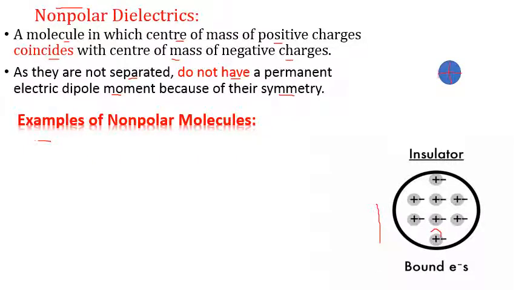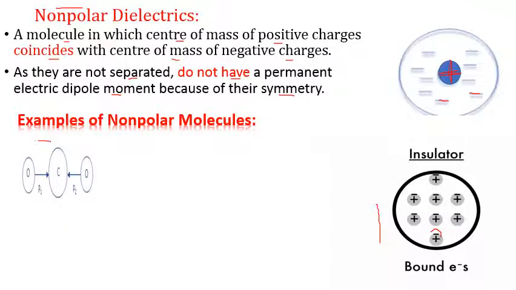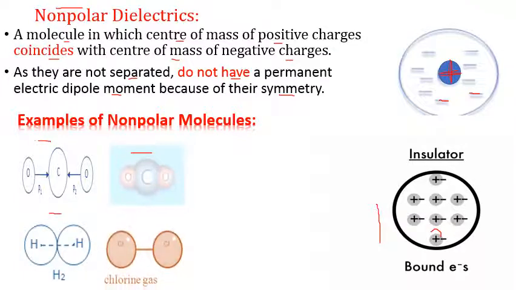Here also, imagine this is the center of mass of positive charge and these are the electrons, and the center of mass of all these electrons also coincides with this center of mass of positive charge, meaning no separate poles are there. Now see some examples of this: CO2, or we can show it like this also, or H2, or even chlorine gas. These are examples of non-polar molecules.